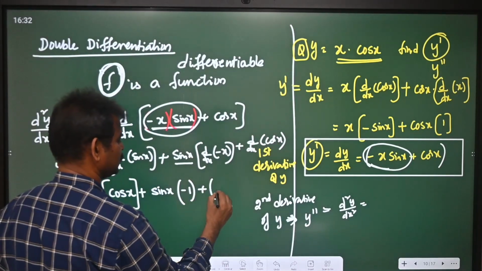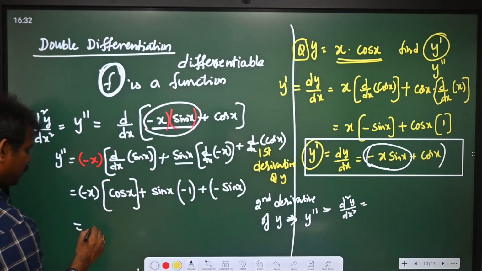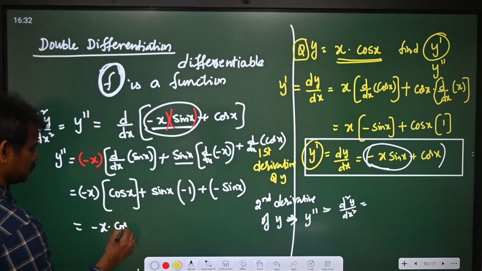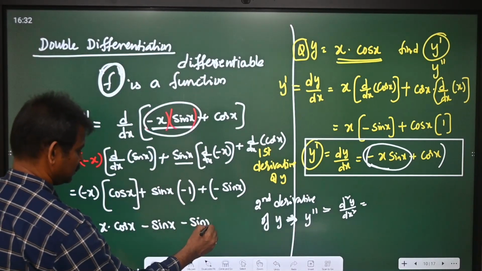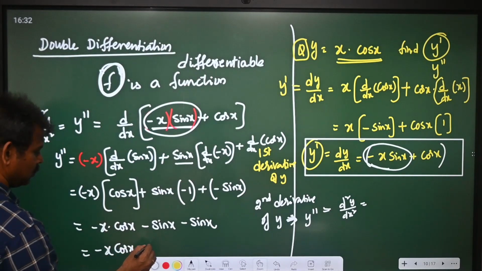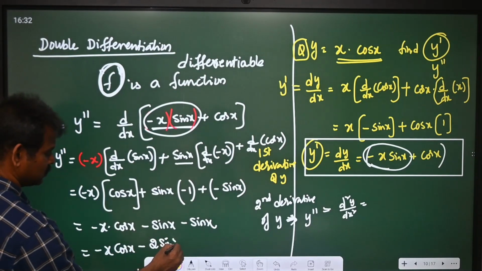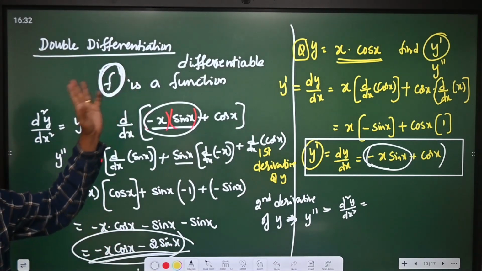The derivative of cos x is minus sin x. So this will become minus x cos x minus sin x minus sin x. So this will become minus x cos x minus 2 sin x. This is the double derivative of that given function f.